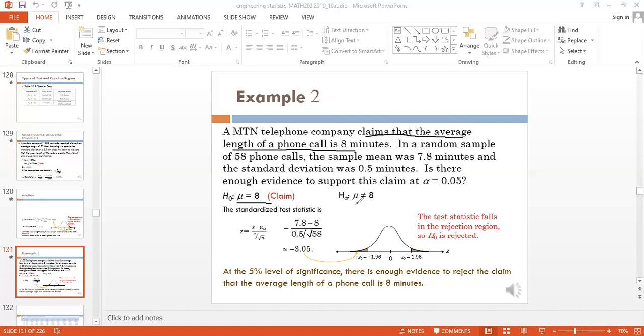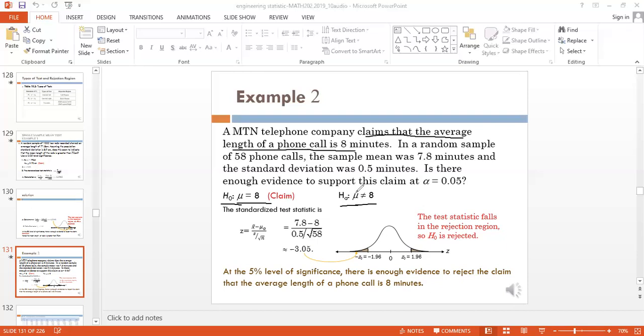Then the opposite statement will be what? Average is not equal to 8 minutes. Because the claim contains the equal to, that will be your null hypothesis. And then the other statement, which is not equal to, should be your alternate hypothesis.